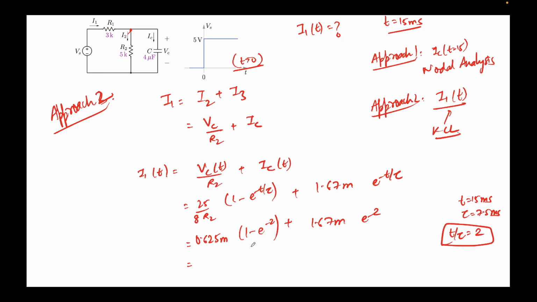So what will happen? Sorry, it won't simply add up, because it will be 0.625 milli plus, if I take e to the power minus 2 common, 1.67 milli minus 0.625. So that's what it will come to. So it's only 0.625 milli plus what's 1 over e squared.